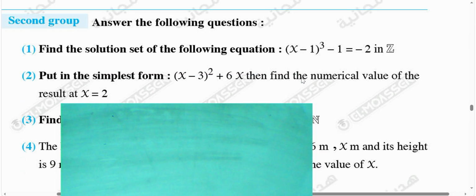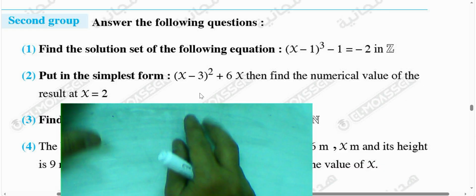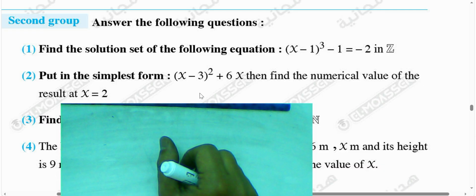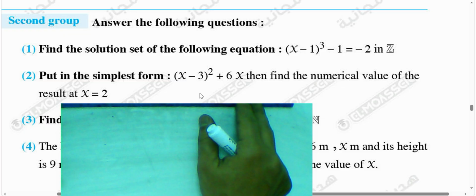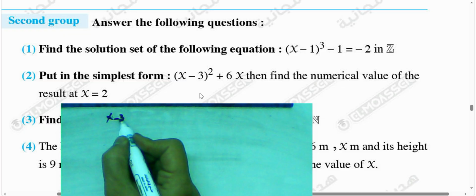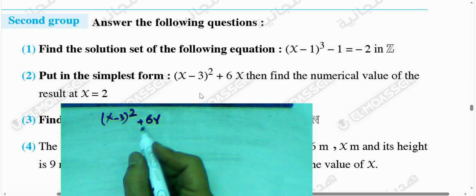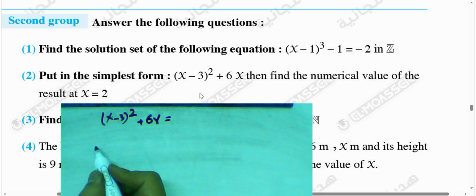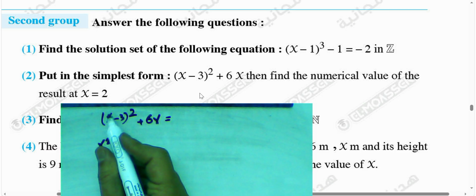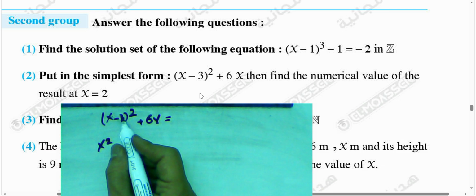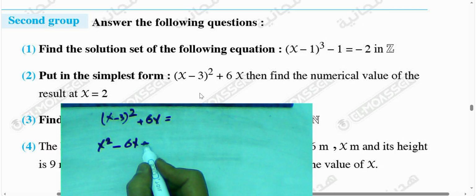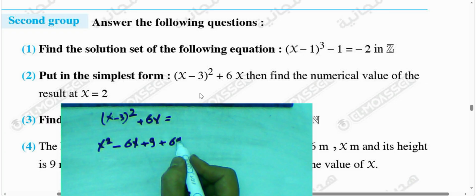Put the expression in simplest form, then find the numerical value at x equal to 2. First we have (x minus 3) all power 2 plus 6x. That equals x power 2, negative 3 times x, 2 times 3 is 6, so negative 6x, and 3 power 2 is 9, plus 6x.